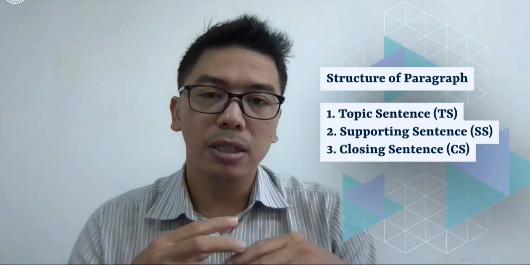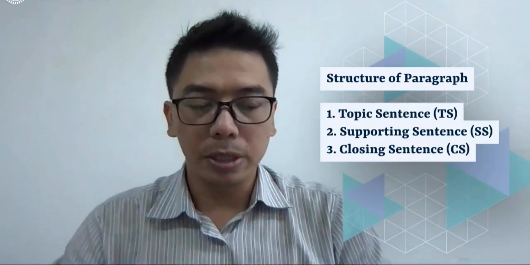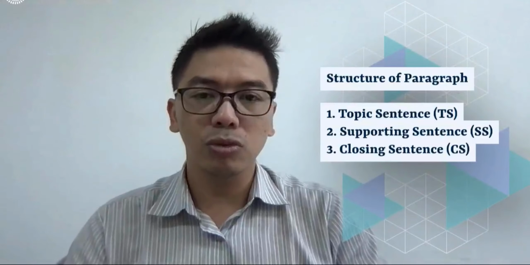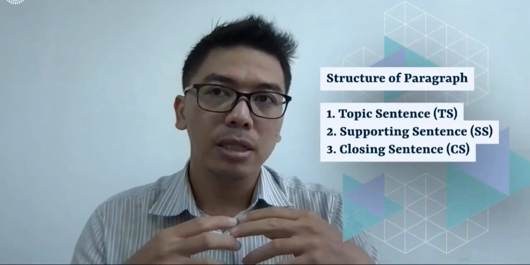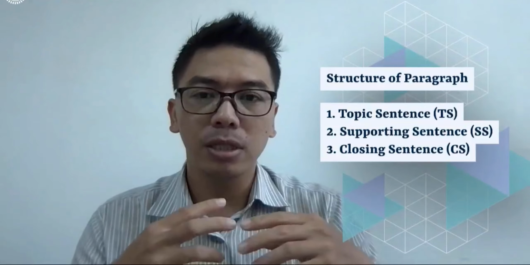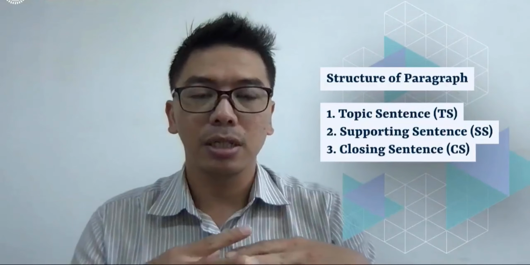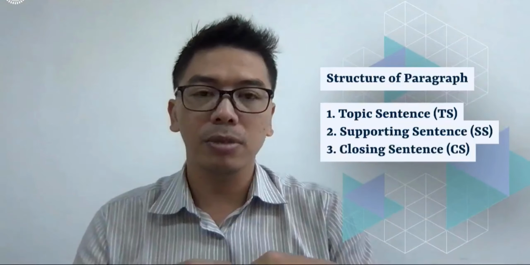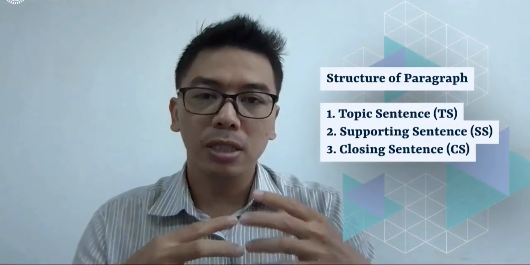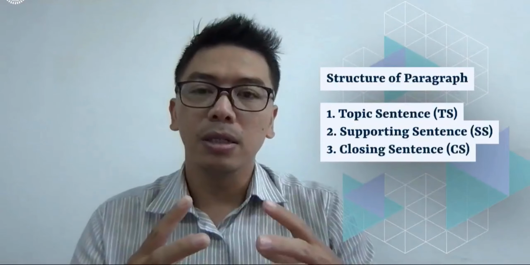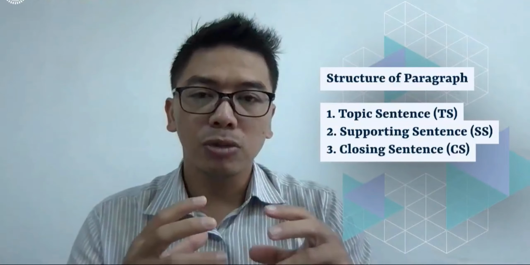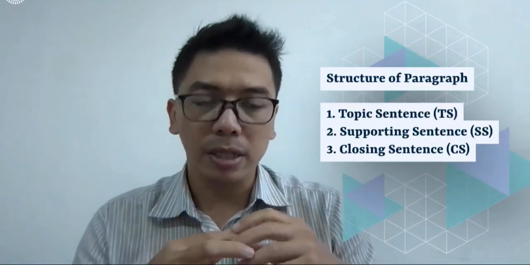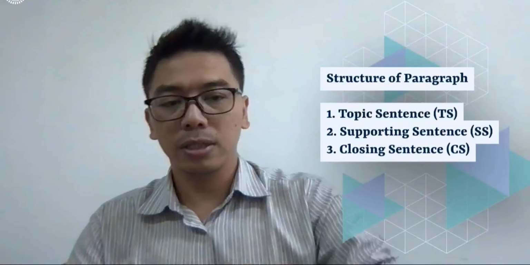The supporting sentence is about the idea, about the specific topic with a good description. Meanwhile, the closing sentence is about summarizing all the sentences you already discussed, making a closing statement or a summary.